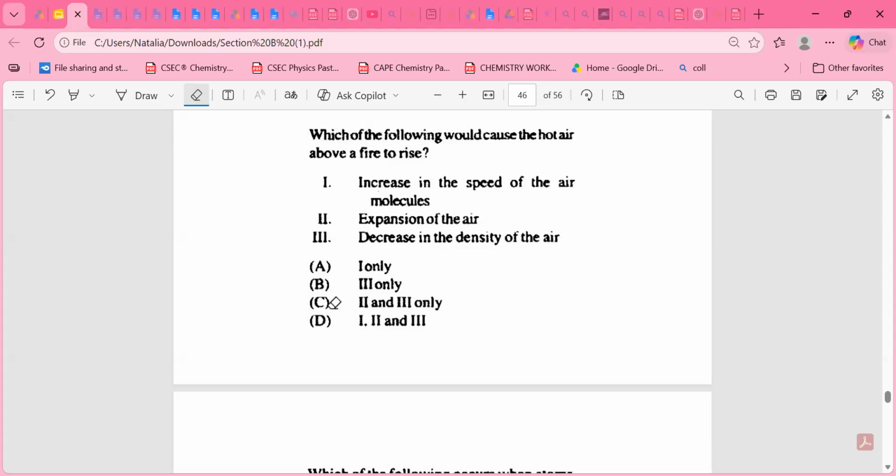Once temperature increases, volume is going to increase. The volume increases, density is going to get less. Once it is hot, it's going to expand and become less dense, and there's a decrease in the density of the air. I'm thinking all three. What say you?